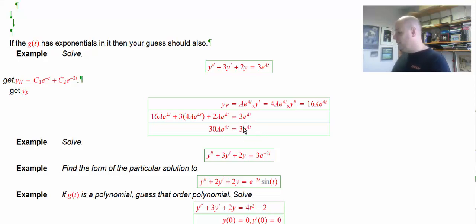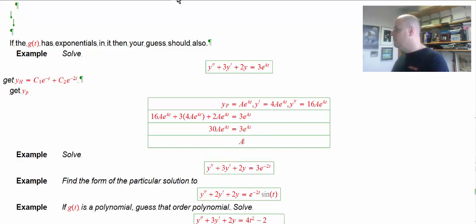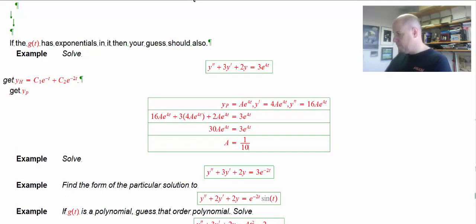So it looks like a has got to be a tenth. That's our unknown coefficient. So don't just end on, oh, a is a tenth. Yeah, it is, but our particular solution is 1/10 e to the 4t.